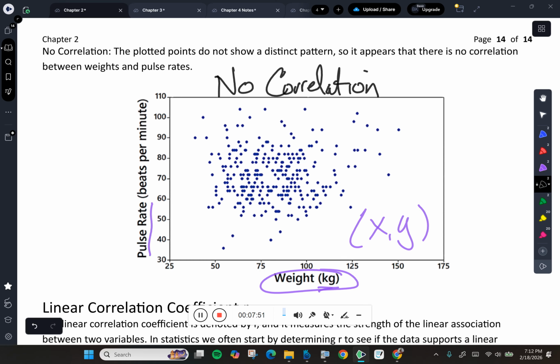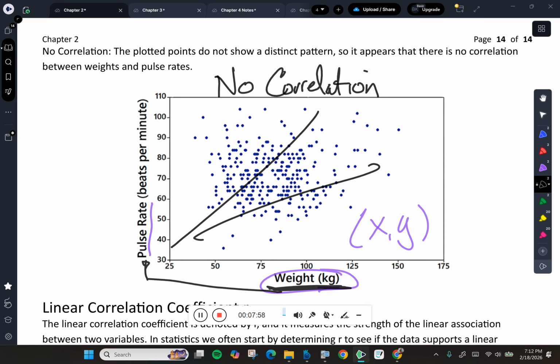I can't use weight as a predictor for pulse. There's not a line that goes through this that makes any sense, because there is no general overall trend to this data. It just looks like a mess.